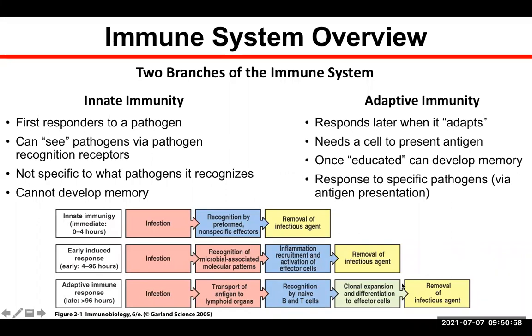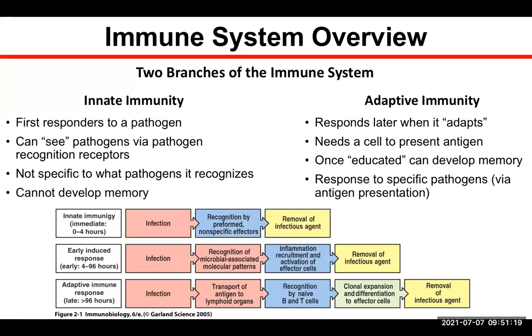Basically this means one cell is going to multiply itself X amount of times, so there's enough of it to circulate throughout the body and go fight. It's usually when your B and T cells have been educated and have expanded enough that you're able to actually remove this infectious agent.